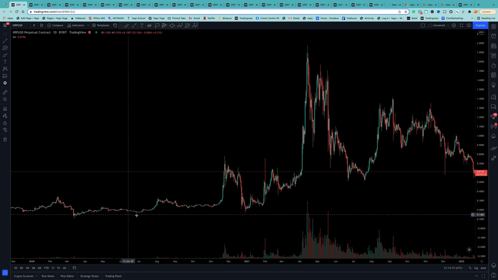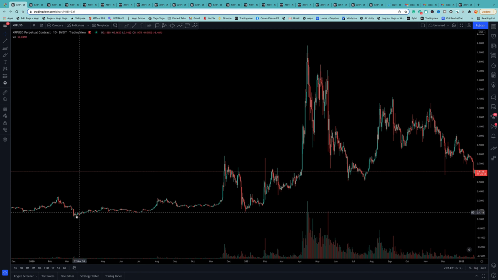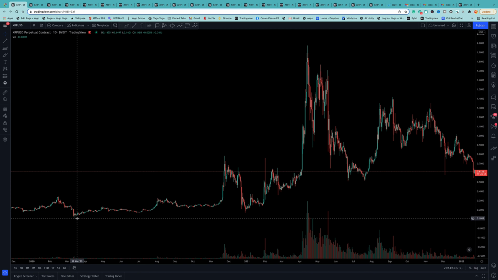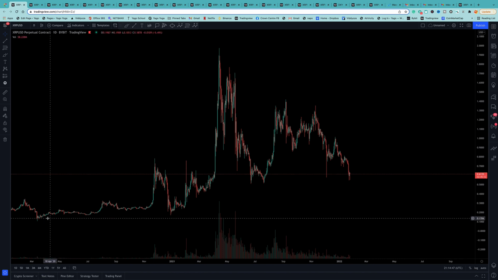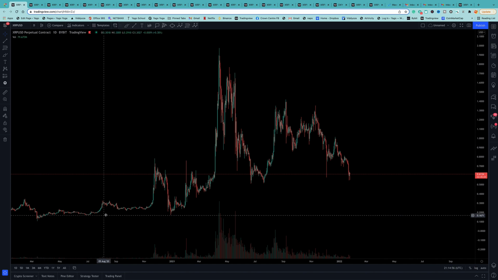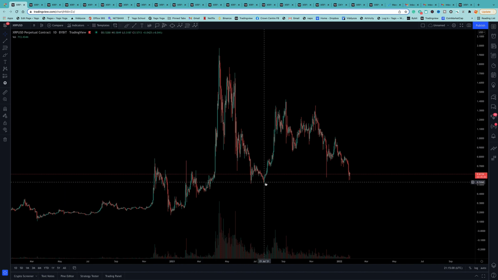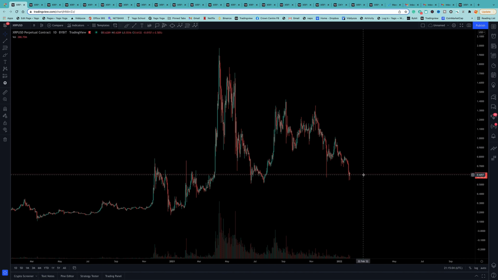From here, it has been going on its run up. So when you want to measure this bull run today, you could mark it from the lowest point of the bear market, rather than measuring it from here or from here.